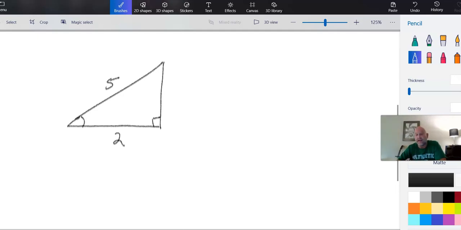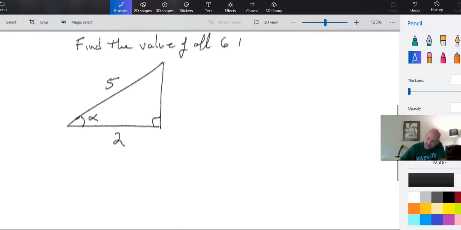I don't know what the angle actually is, so I'm just going to call it alpha. So this is angle alpha. I know some of my students have called this angle fish. I see it, but alpha sounds better to me. Okay, so here's the task we're supposed to accomplish here. We want to find the value of all 6 trig functions.